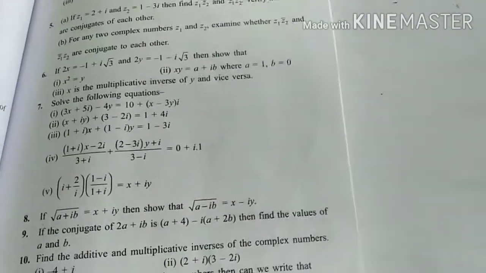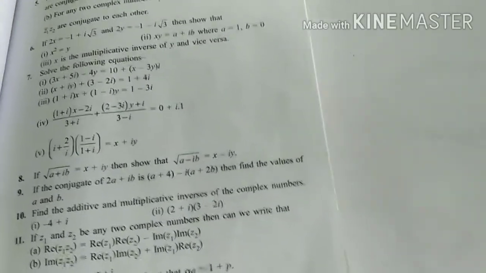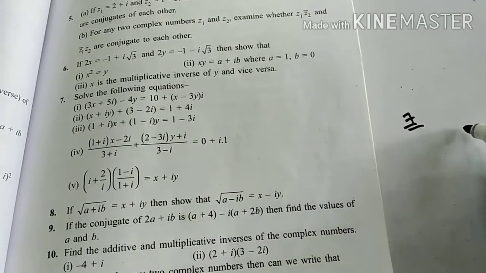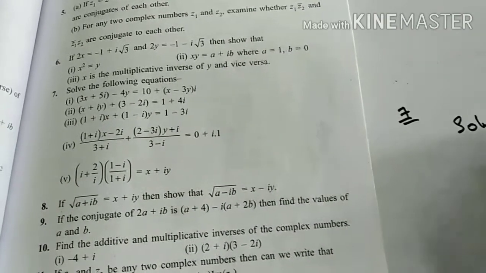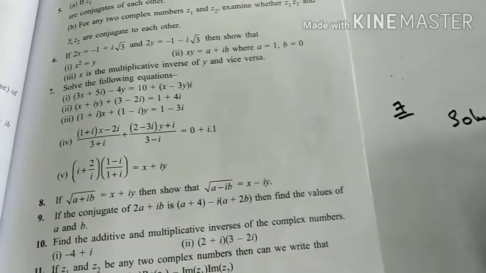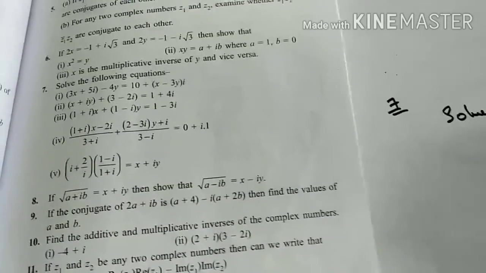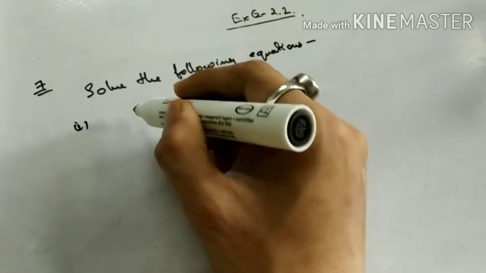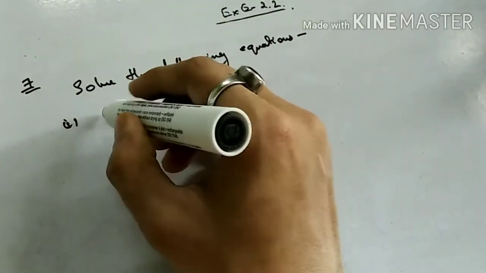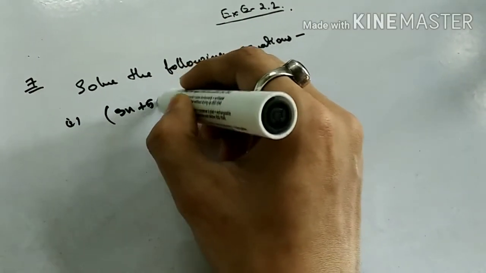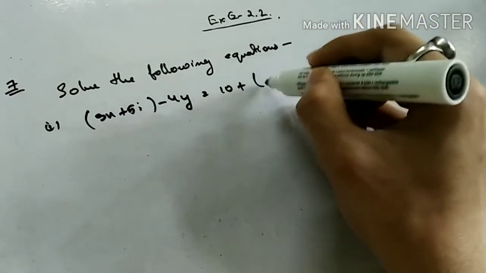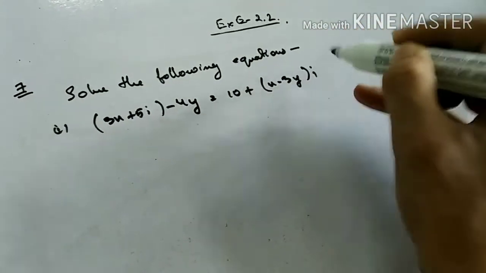Understand? Next, question number 7. Solve the following equations. First it is given to me that 3x plus 5i minus 4y is equal to 10 plus x minus 3y into i.